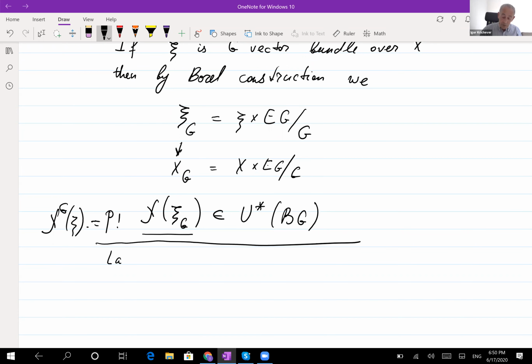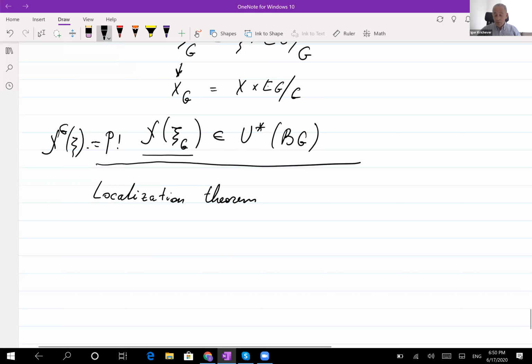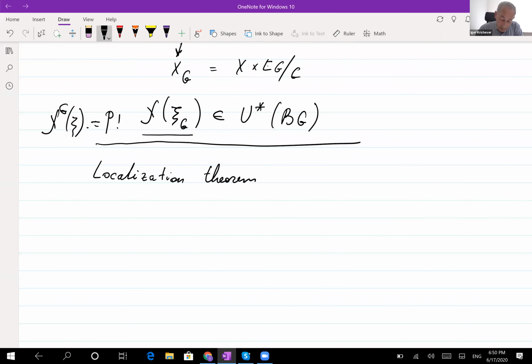And from what follows, I will need a general localization theorem, which tells you the following.